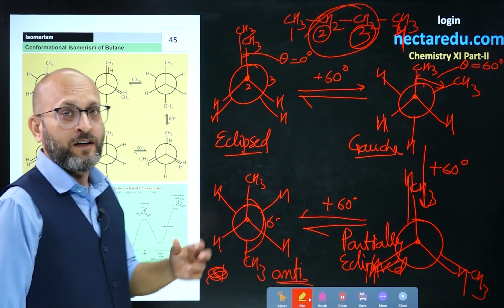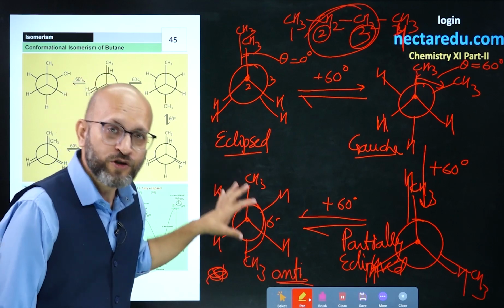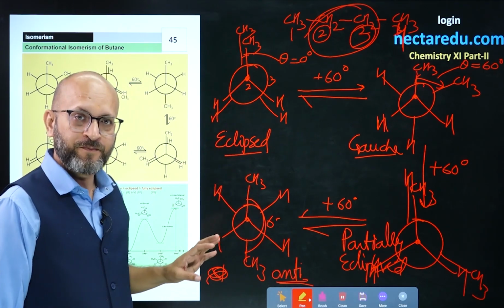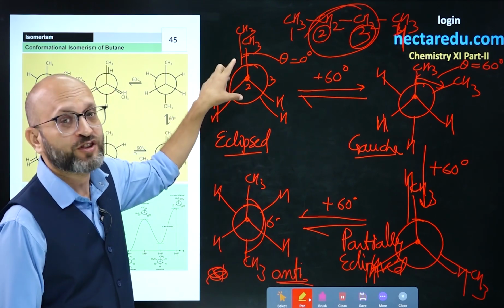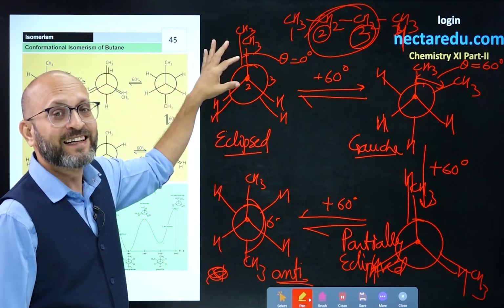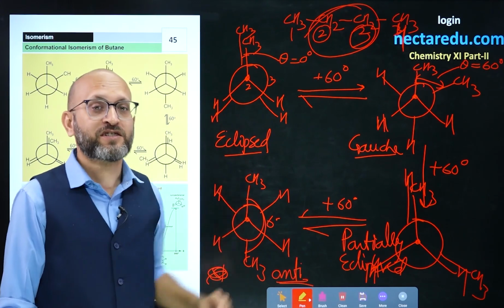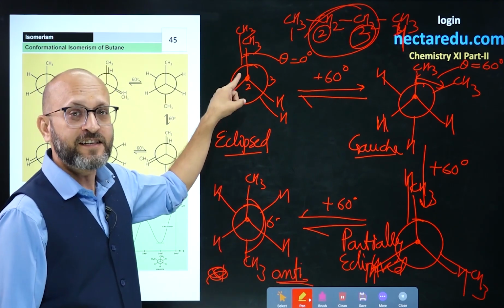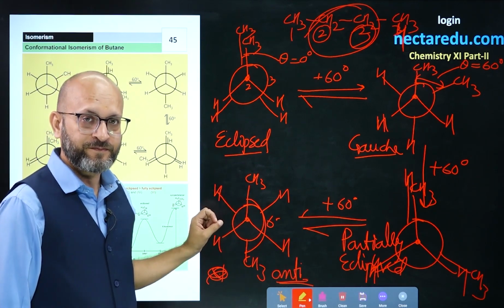Staggered is most stable and lowest in energy, and which is least stable? Highest repulsions, because all groups are overlapping completely. So that is least stable and highest energy. Least stable, high energy; most stable, least energy, right?